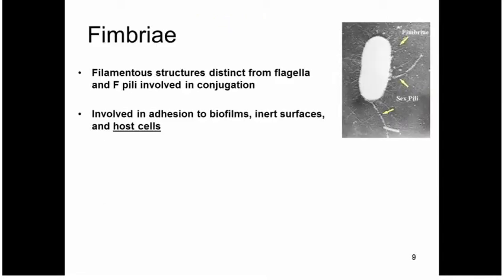So fimbriae, as you remember, are filamentous structures on the outside of the bacterial cell, present in gram-positives and gram-negatives, and one of their functions is adhesion, either to inert surfaces, but in the case of pathogenic bacteria, they can be involved in adhesion to host cells.